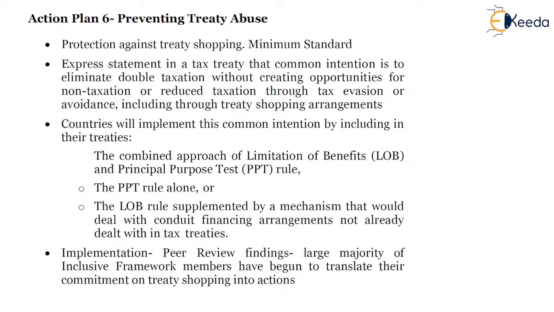It is a mandatory standard which has to be adopted by the OECD member countries only because it provides protection from treaty shopping, and this is one of the main agendas of tackling with BEPS. Accordingly, this is the minimum standard that OECD members have to adopt, wherein you have to implement measures for preventing treaty abuse.